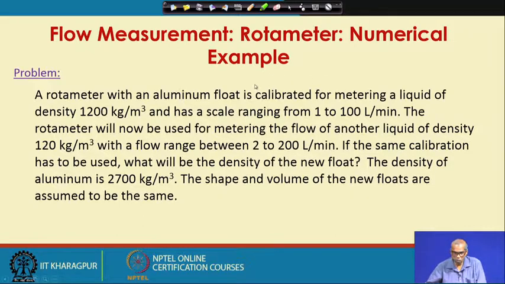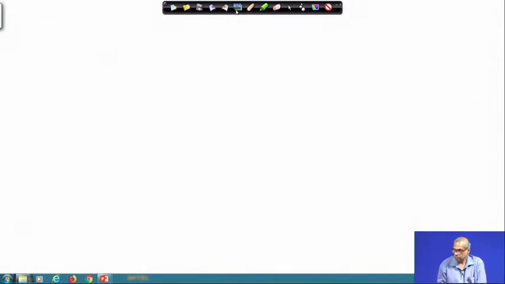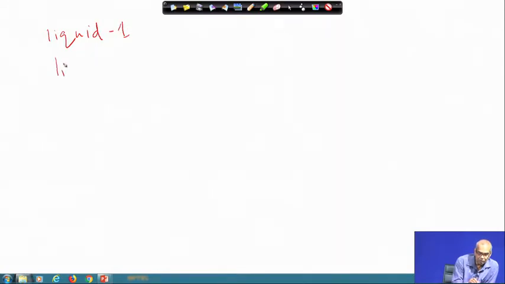What we will need is the working expression for the rotameter. So, I have liquid 1, I have liquid 2.